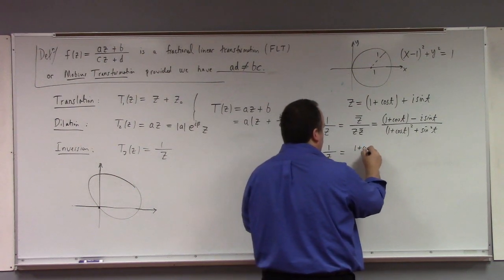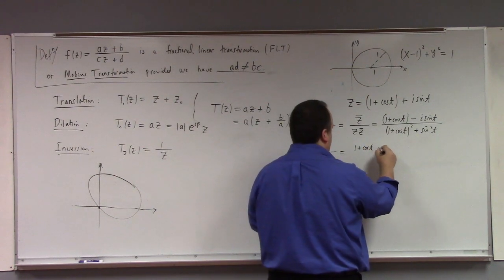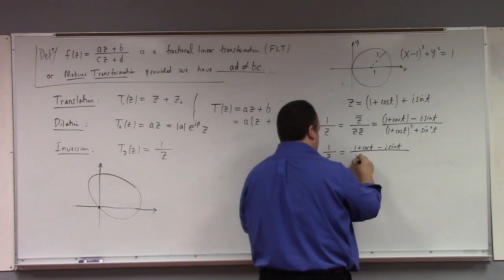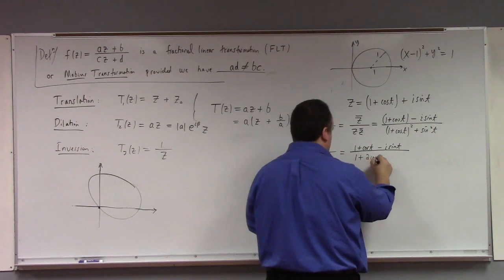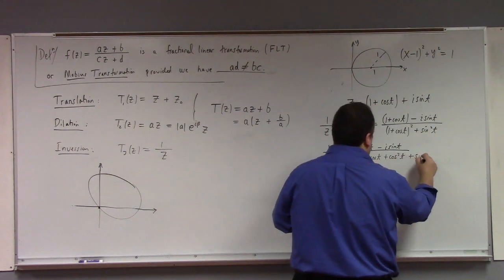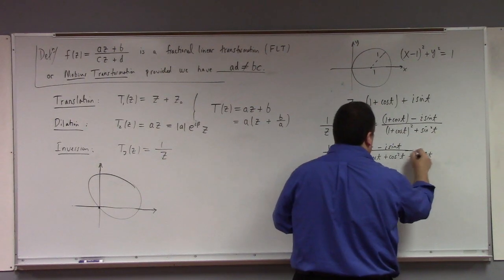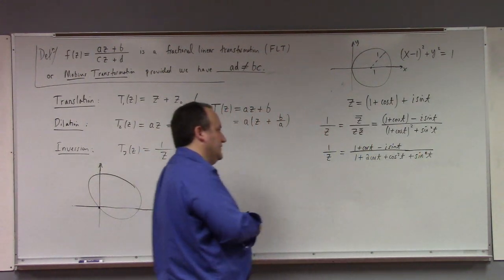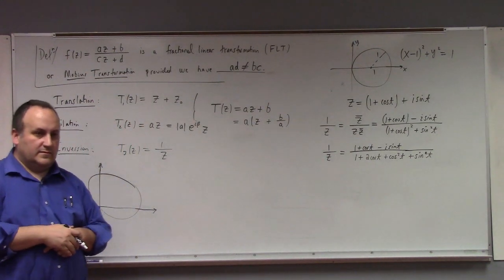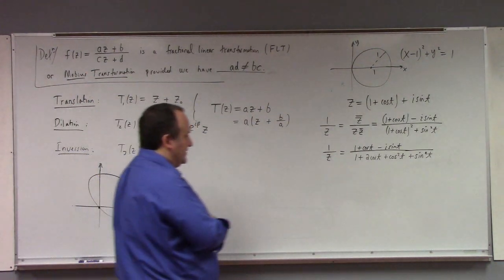So we've got 1 plus cosine of t minus i sine t, divided by 1 plus 2 cos t plus cosine squared t plus sine squared t. Oh, look at that. What just happened in the denominator? Yeah, we got 2 plus.